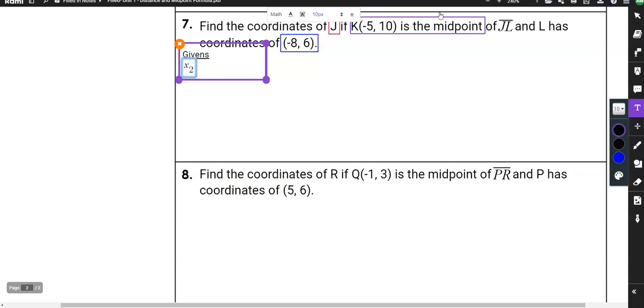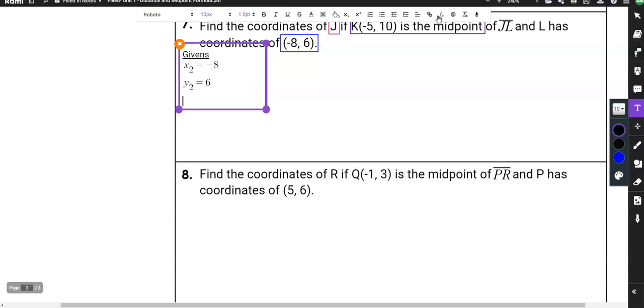X2 is equal to negative 8. It's also going to tell us that y2 is equal to 6. And then we have x of the midpoint, which is going to be negative 5.